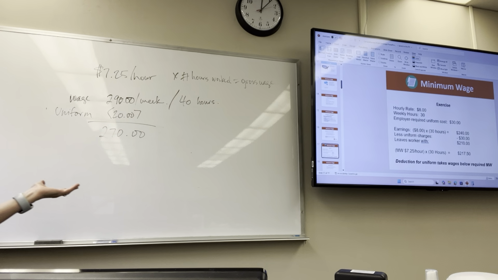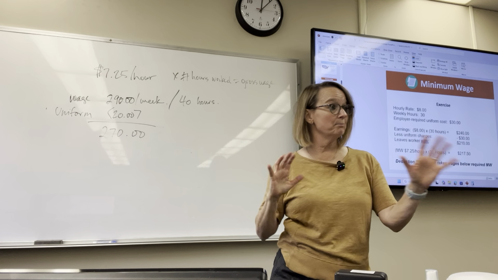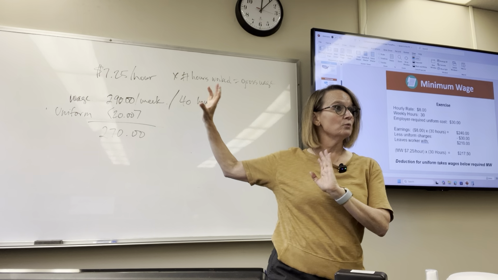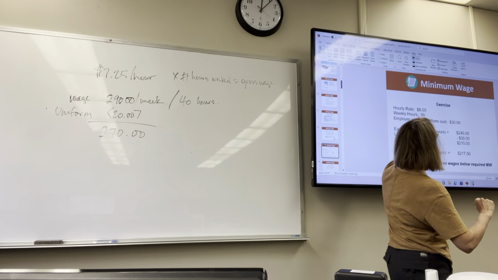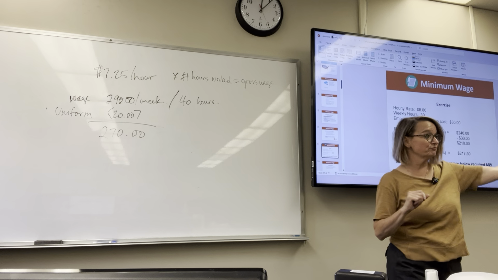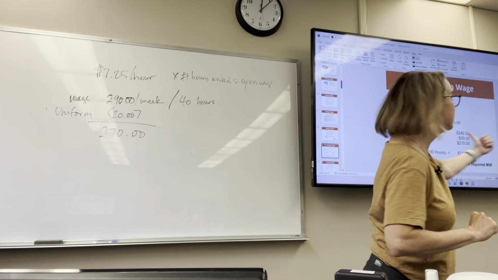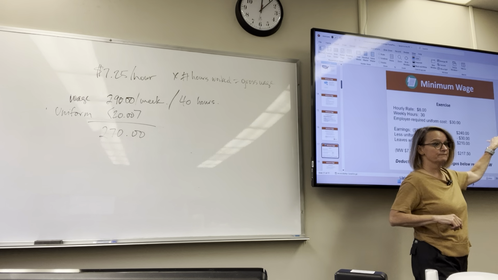So here's an example of a deduction that would not be in compliance, would not meet the minimum wage requirements. Here we've got somebody who makes $8 an hour and they work 30 hours. So gross pay $240 for the week. Then they had a uniform charge of $30.